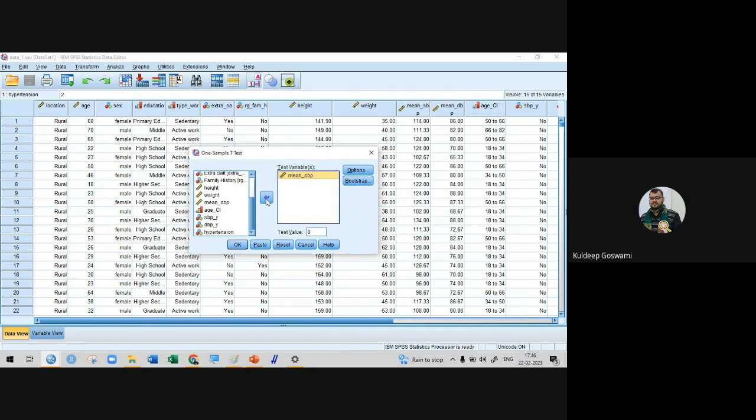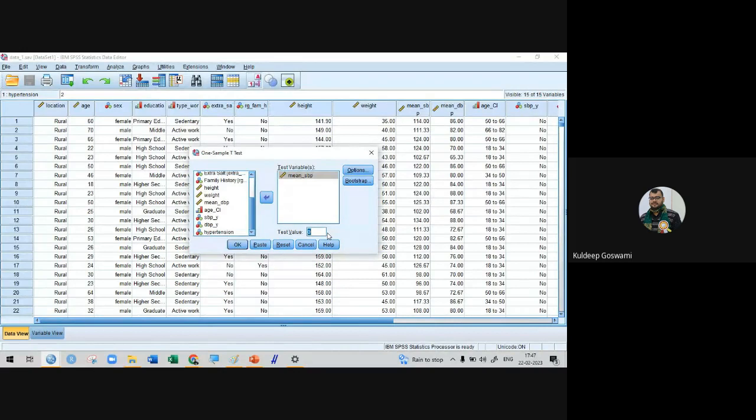Initially, I told you that for doing a one sample t-test, we have to have some previous knowledge about the average value. This average value in SPSS is known as the test value. If we have systolic blood pressure more than 140, then we say the person is hypertensive.